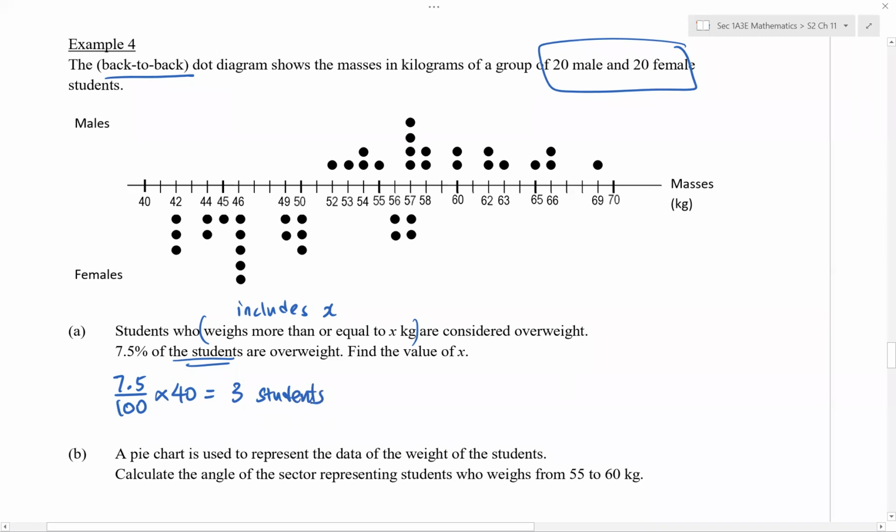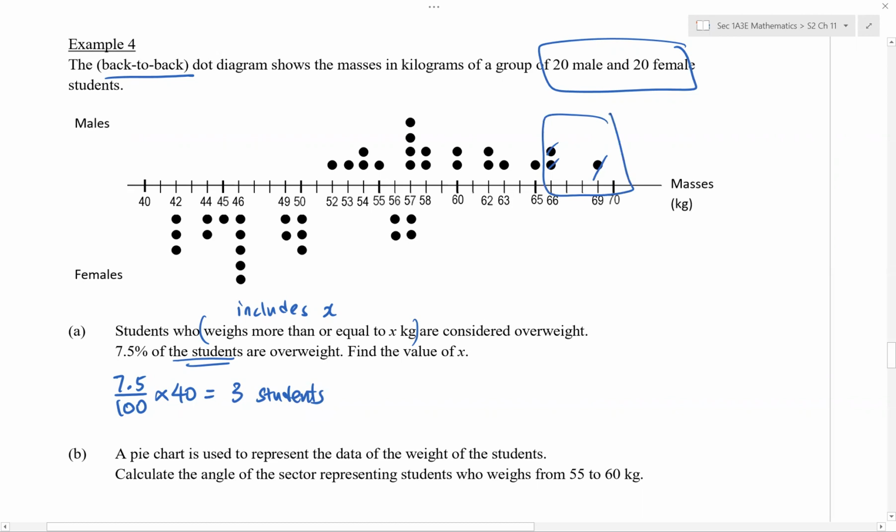3 students are considered overweight. And overweight students will be the ones who have the greatest mass. So we're looking for the top 3 masses. So that's 1, 2, and 3. These are the 3 students considered overweight.